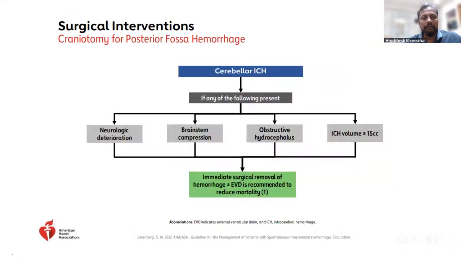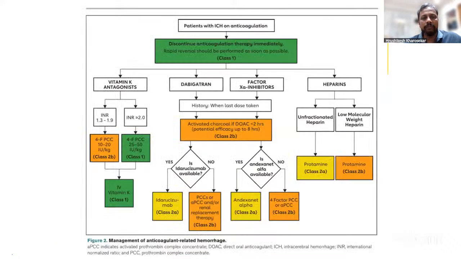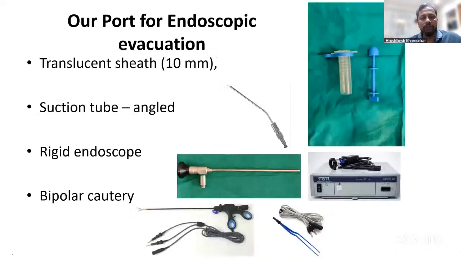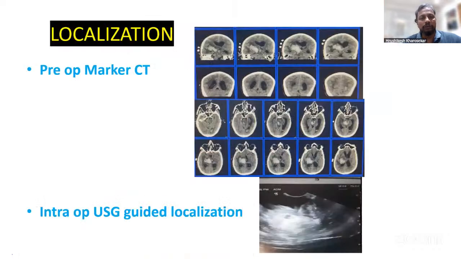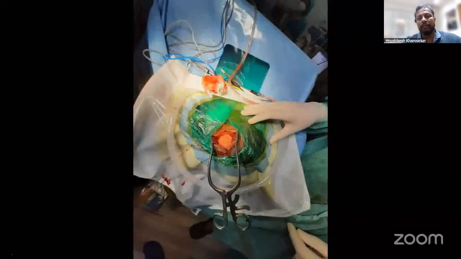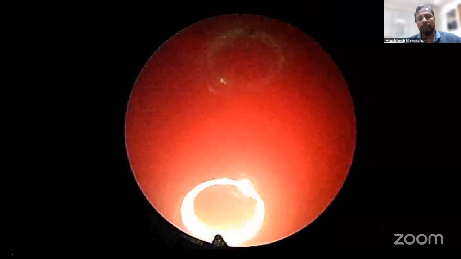So these are different recommendations they have given for craniectomy, craniotomy, and then reversal of coagulopathy. So I'll just show what we do: we follow a minimally invasive approach. We have developed a sheath for endoscopic evacuation of the ICH bleeds. So we do a pre-operative marker CT and intraoperative USG localization, and then with a single burr hole under ultrasound-guided localization, we do an endoscopic evacuation.